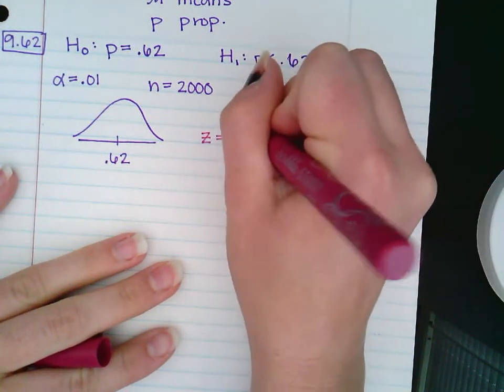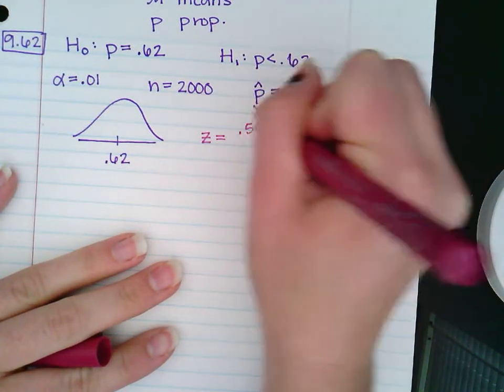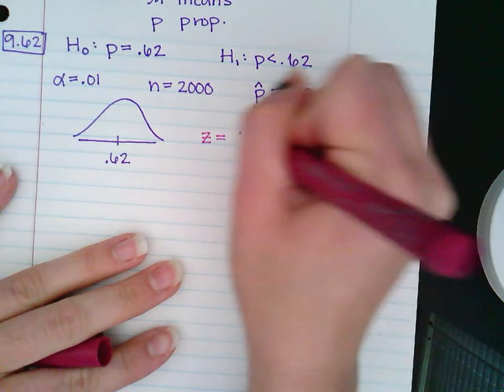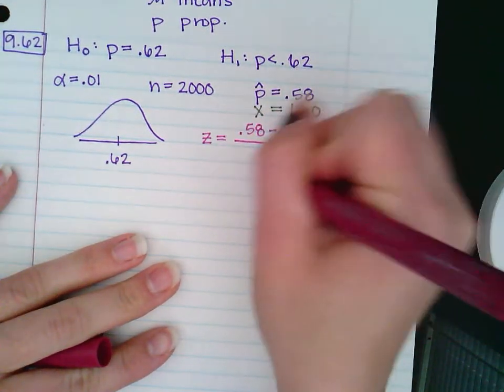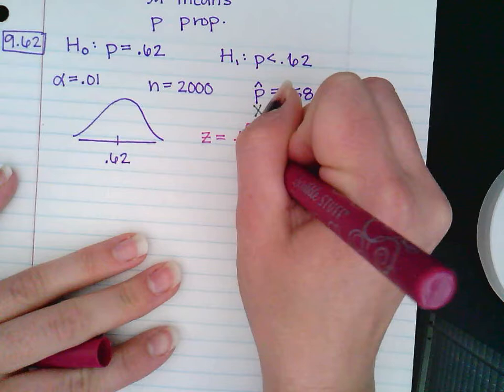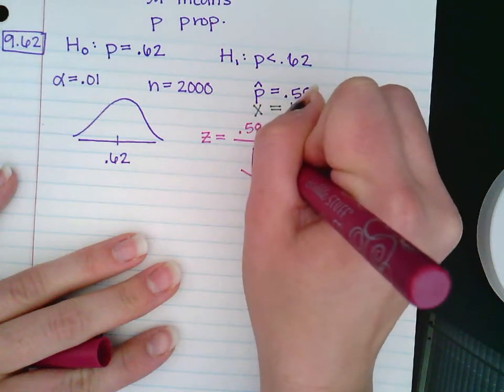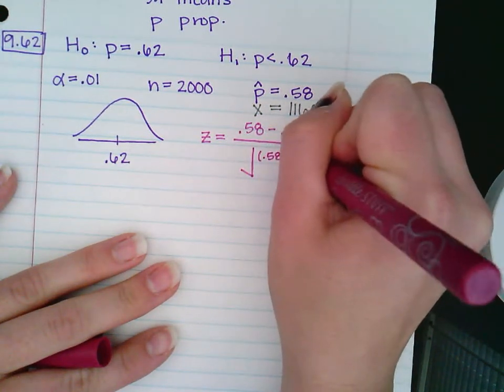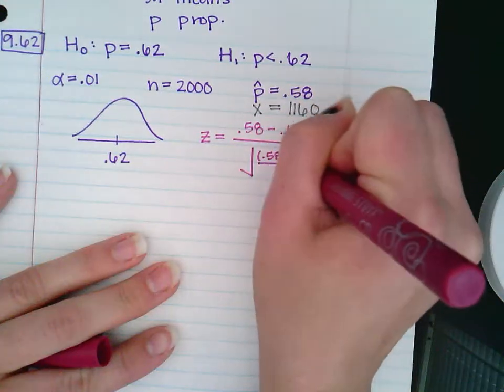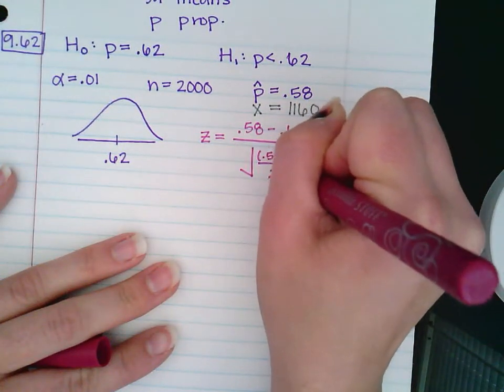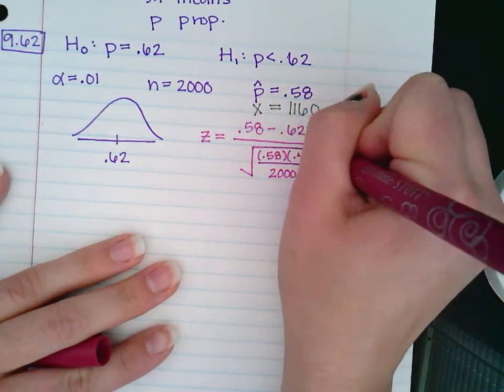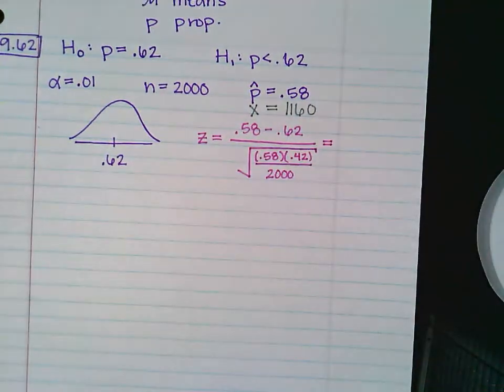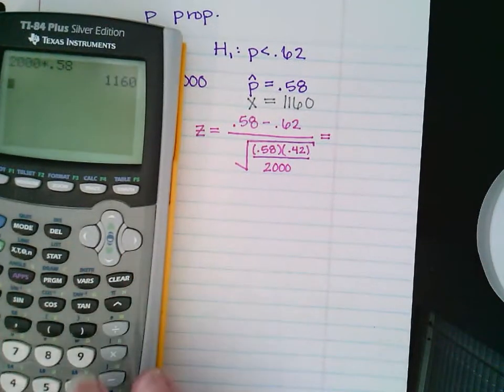We'll do 0.58 minus 0.62 all over, and then we've got to use the sampling distribution standard deviation here.